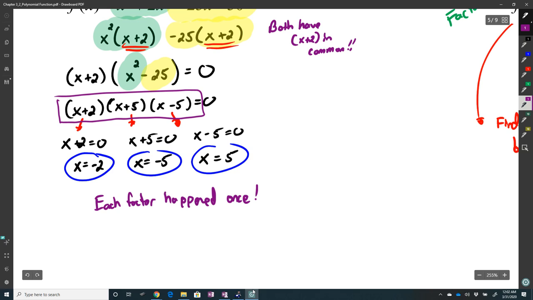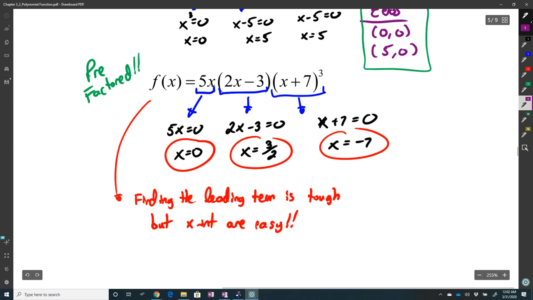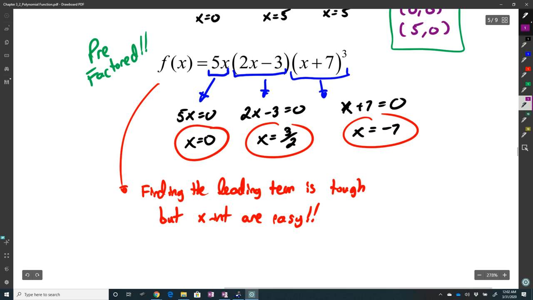So this means that each one is multiplicity 1. Each factor is of multiplicity 1. Okay, but if I go over here to this example, notice that this happened once, this happened once, but this one happened 3 times.